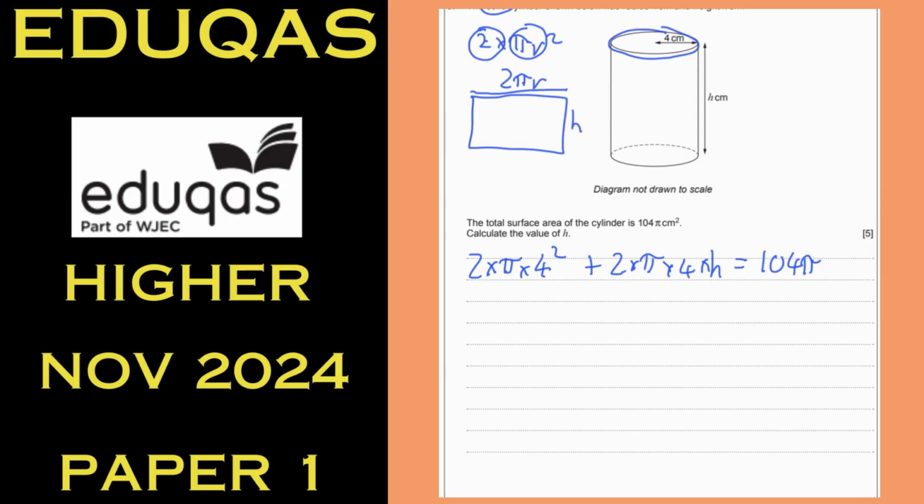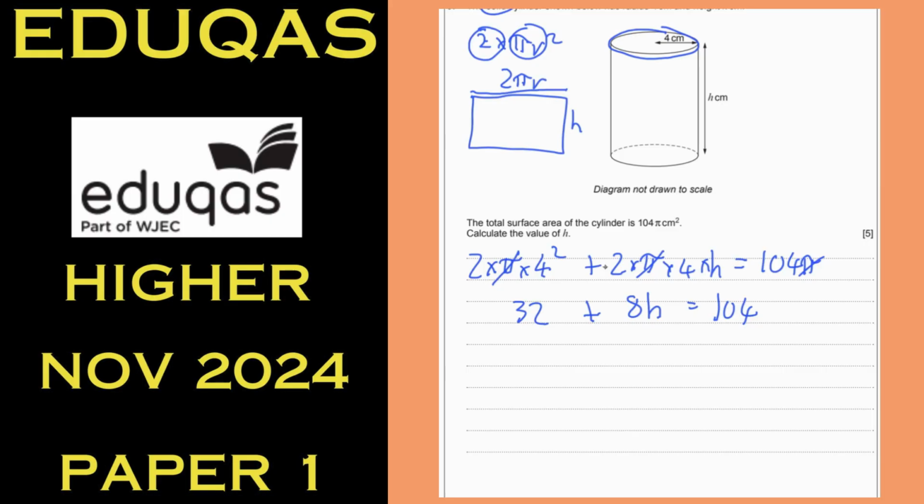We haven't got a calculator, so we just try and make it a bit simpler each time. Firstly, let's divide every term by pi, and let's use a bit of BIDMAS over here. 2 times 4 squared is 2 times 16. Here, 2 times 4 times h, 2 4s are 8. Right hand side, 104.